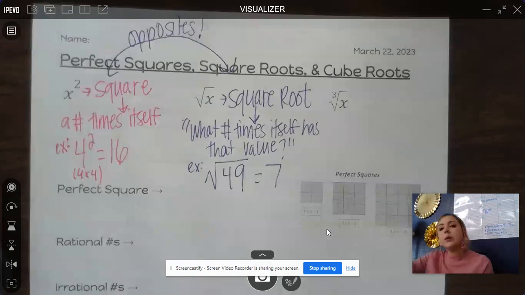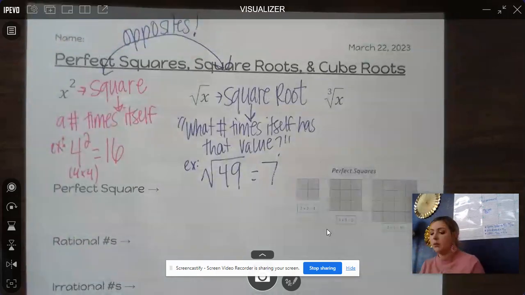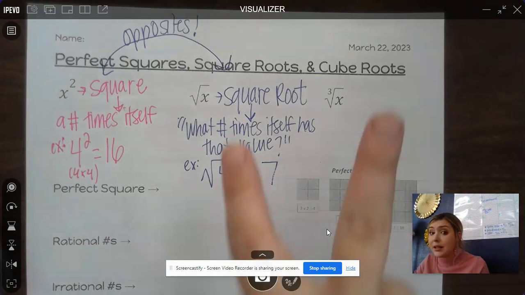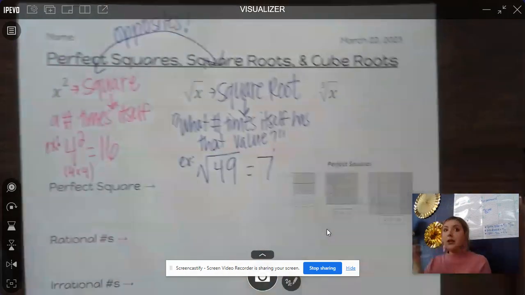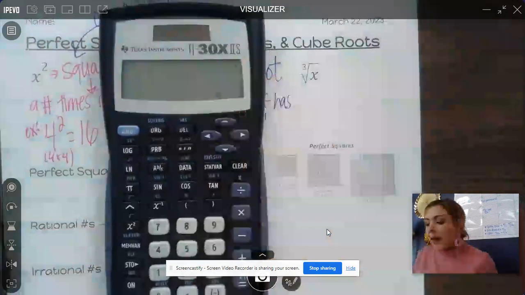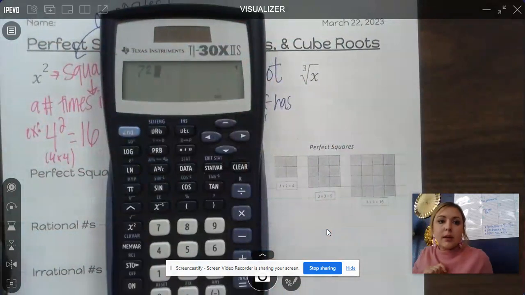Okay? Cube root is kind of just another part of this. It is not an opposite of squaring and square root. Okay? But the best part about this topic, like I said a second ago, is that this can be done in the calculator. So take your calculator right now, on and clear, and let's deal with those 7s again. If I wanted to get 7 squared, I could literally press 7 and squaring.